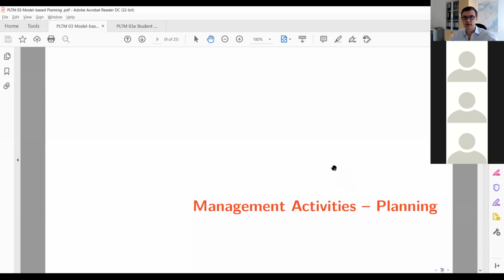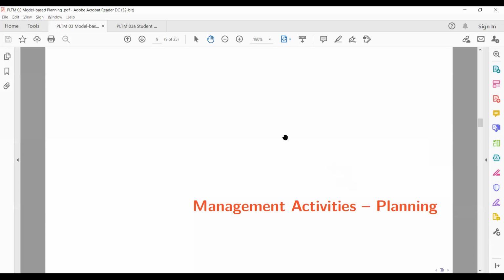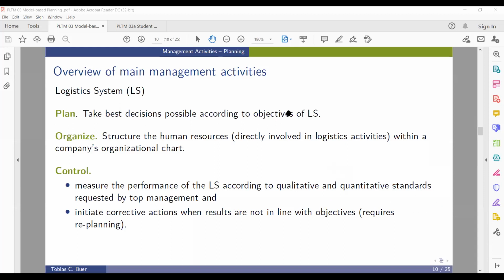Okay, let's start. Here you already got it. Planning: taking the best decision possible according to some objective of our logistics system. This is an easy definition of planning. So it's about decision making, and we want to make the best decision possible.